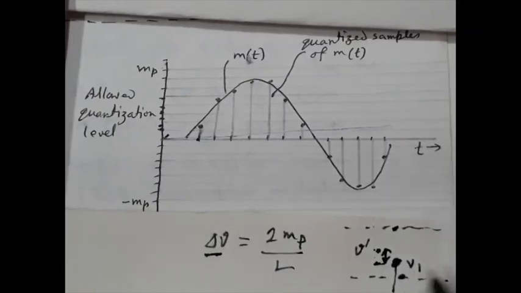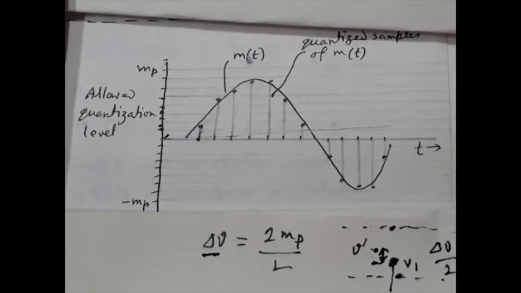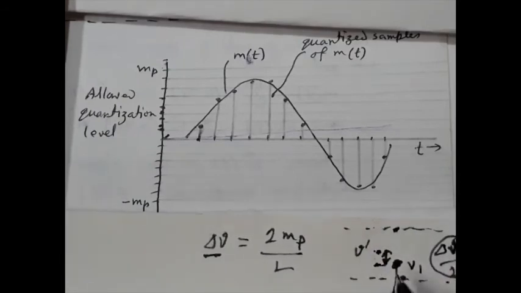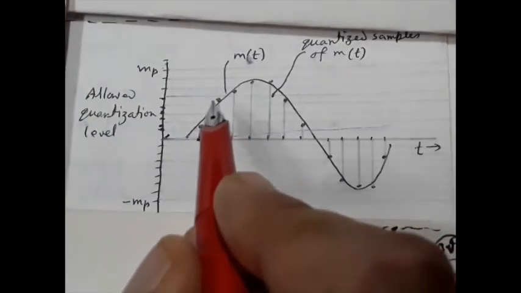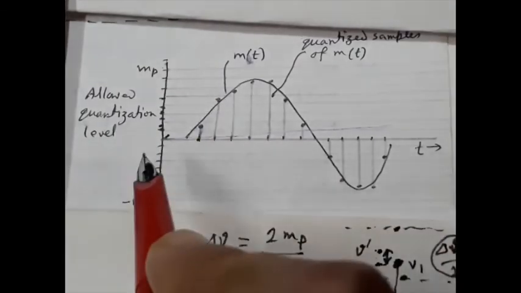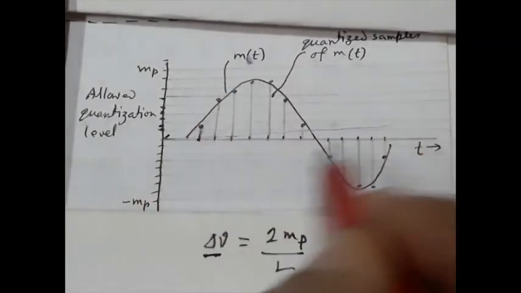So this is the minimum value, delta V by 2. So error will be minimum, and that is possible if we assign the midpoint voltage level for the samples. So all the samples lying within a particular level will have identical voltage value. This is the job of the quantizer.